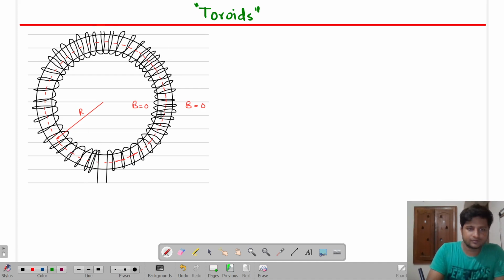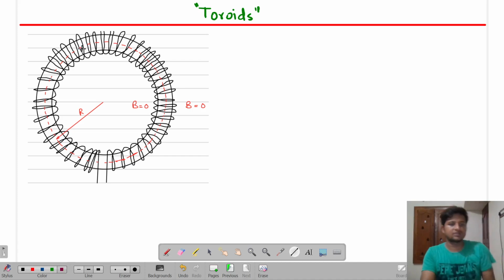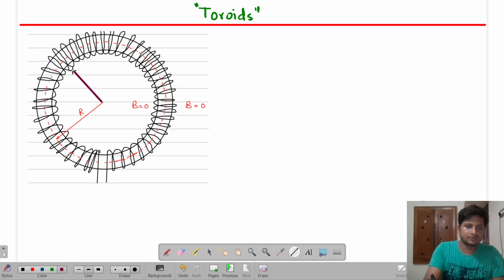Are you able to get me or not? Now suppose R is given to you for the center, but what if the inner radius is known and the outer radius is given? Are you able to get me or not? Inner radius is given and outer radius is given.